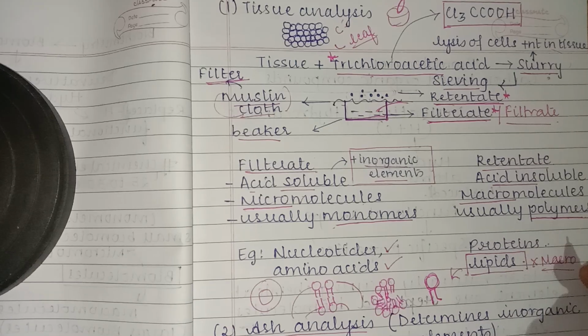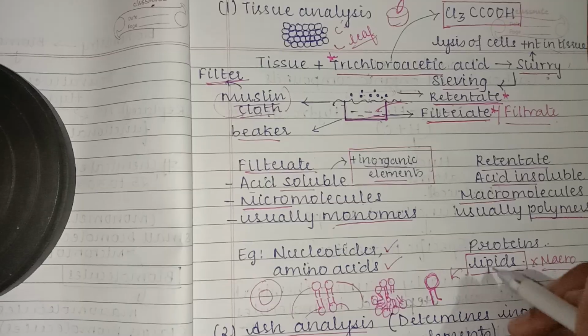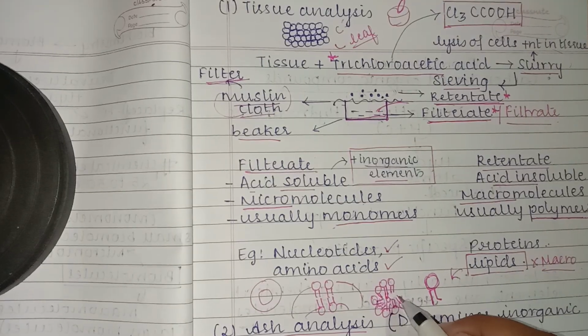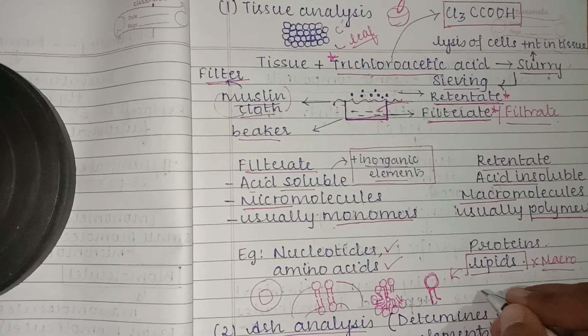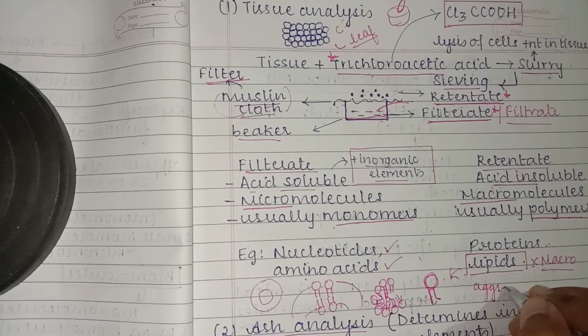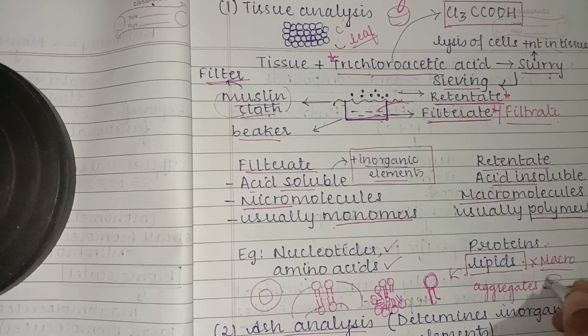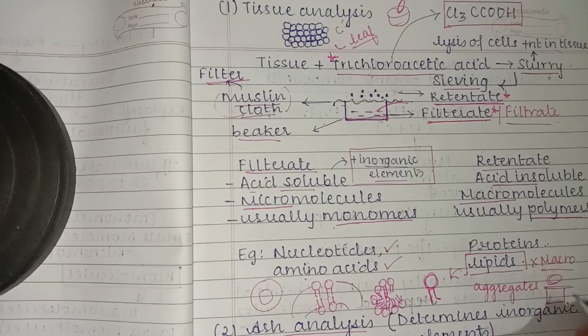Just remember the words and it is very easy to understand. I was talking about lipids, I forgot. Lipids will be forming aggregates. That is why they will remain on the top layer of the muslin cloth. They won't be passing through the muslin cloth. So that was it for this video.